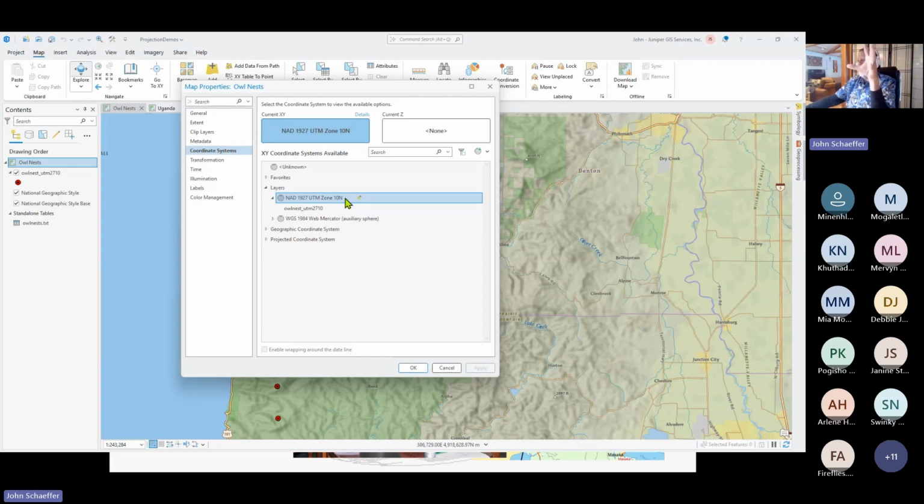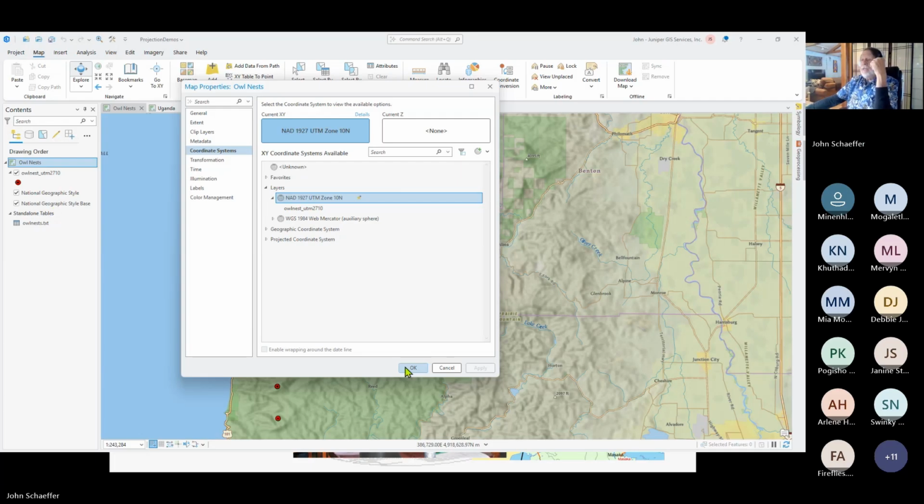Okay, so at that point in time, this is the Forest Service standard data. And this particular layer, there's only 2 layers in the map at this point, is using that coordinate system. There's also the WGS 1984 Web Mercator coordinate system being used by my National Geographic base data.